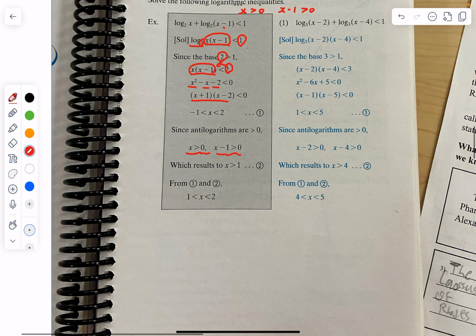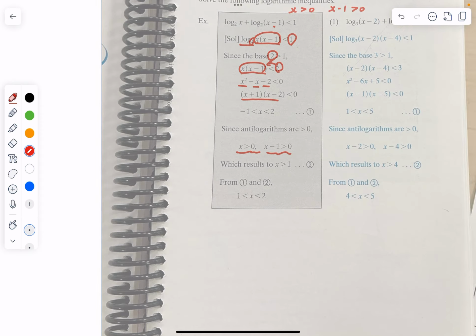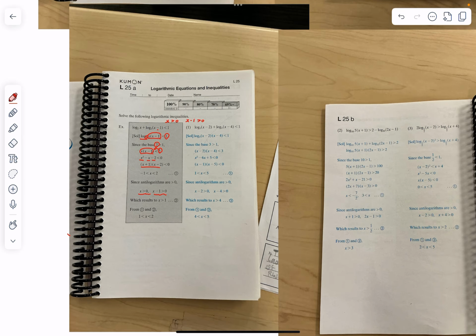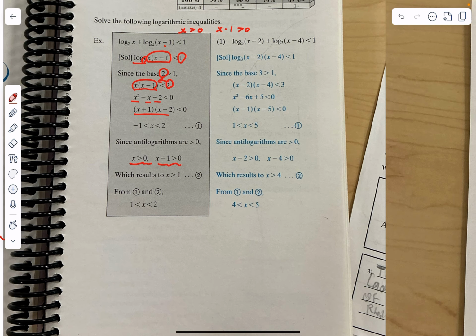If I were to draw anything here to help me understand this, my 2 intersections will be -1 and 2, right? And my graph is going to be something looking like that. If it's going to be smaller than 0, which is in between -1 and 2, which means that it's going to be -1 smaller than x smaller than 2.